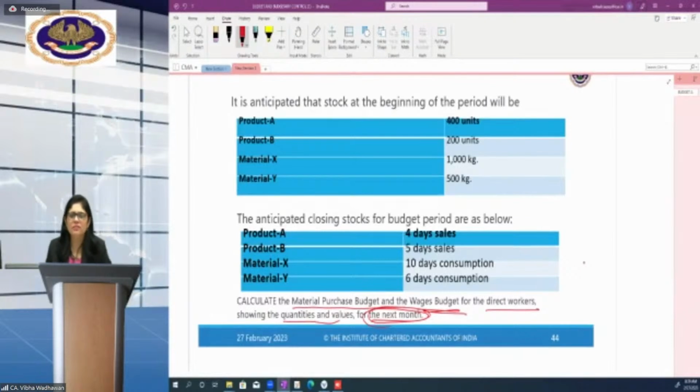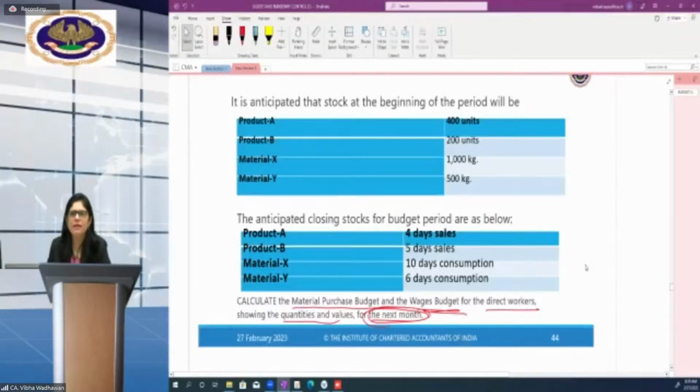The budgeted period is the next month. It's only a month, so wherever required, don't multiply by 12 by default. It is just for 1 month, the quantity and the value we need. Material purchase budget.